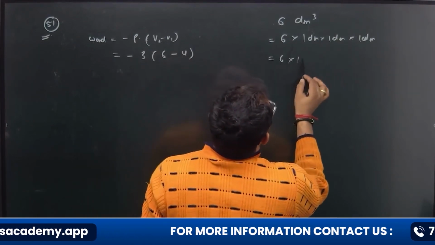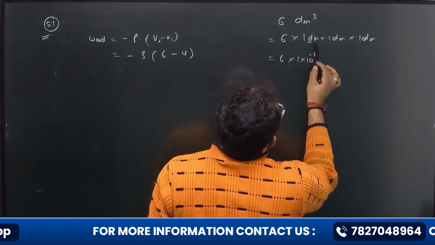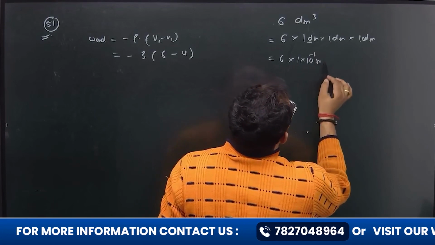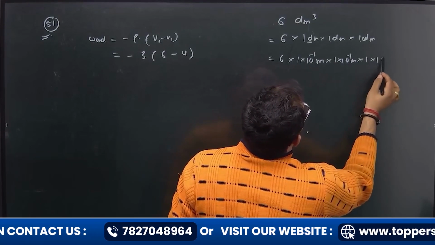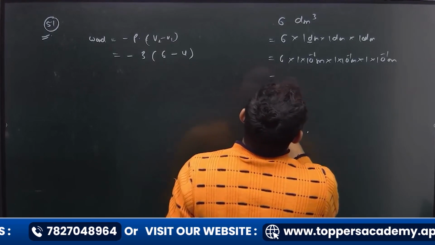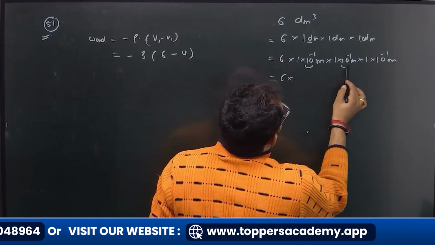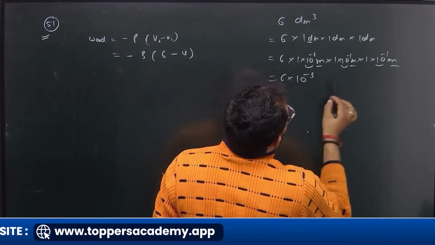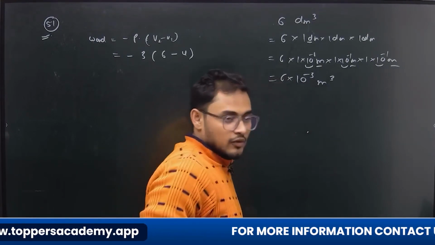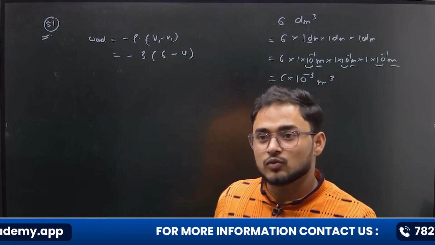So 6 into 1 into 10 to the power minus 1. In place of deci, I'm writing 10 to the power minus 1 meter, 10 to the power minus 1 meter, 10 to the power minus 1 meter. It is 6 into 10 to the power minus 3, meter cube. First of all, I have converted decimeter cube to meter cube.